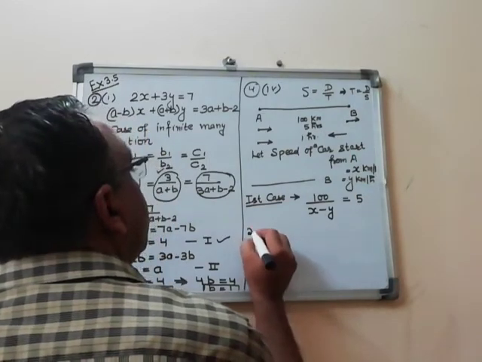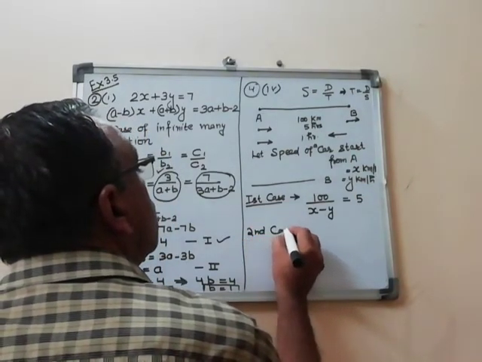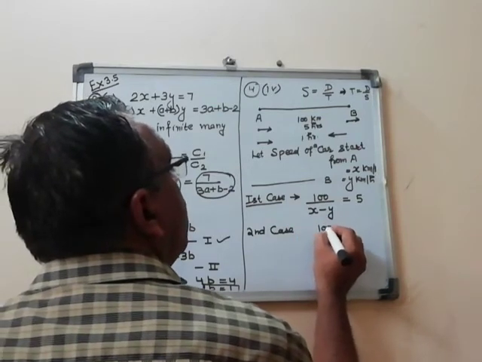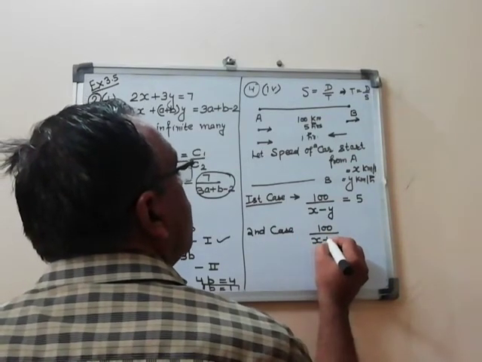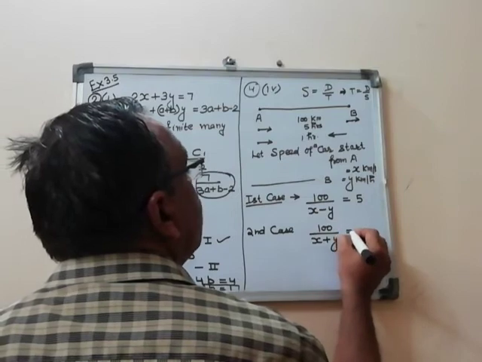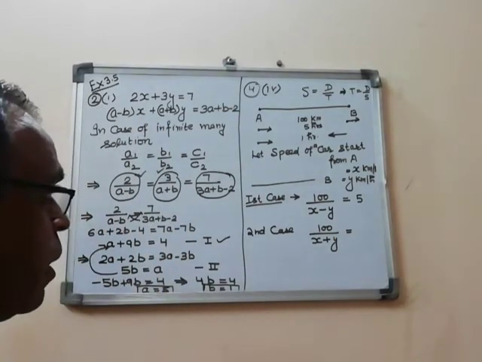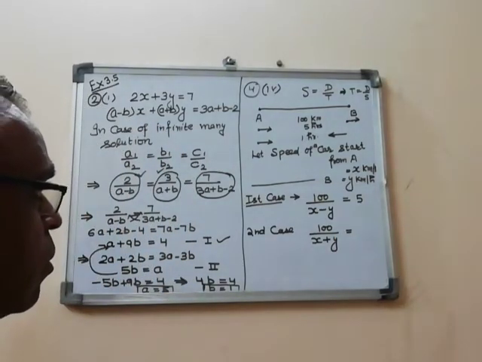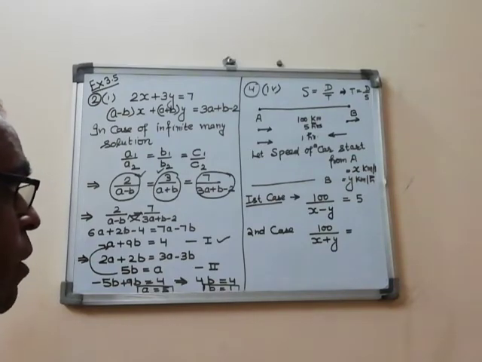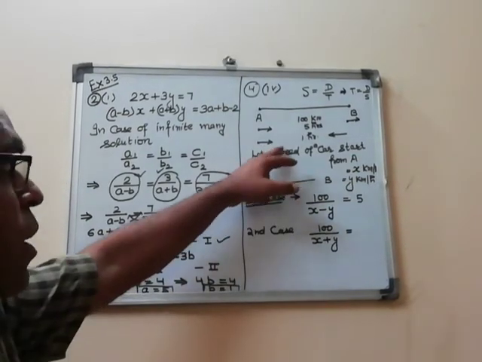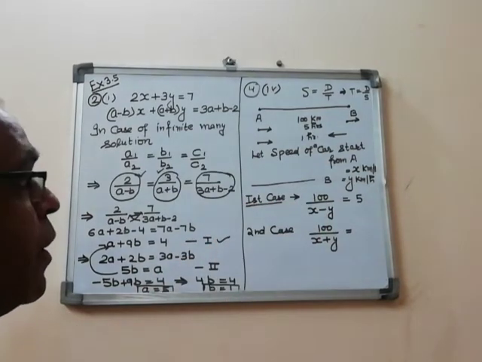So second case, distance is again 100, now speed is plus. If you see on the platform, if both trains are coming toward each other in opposite directions, their speeds are added.